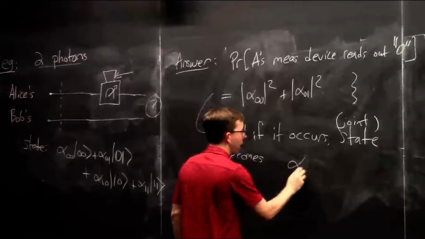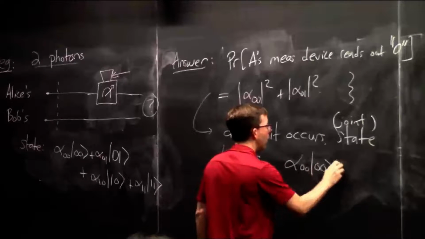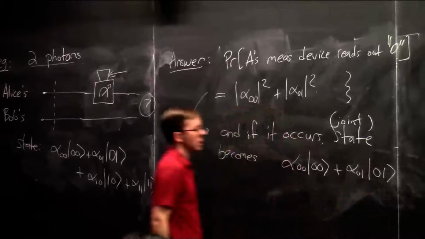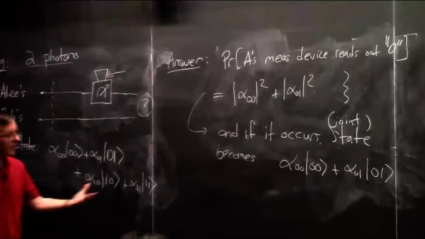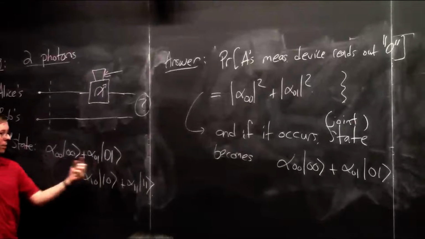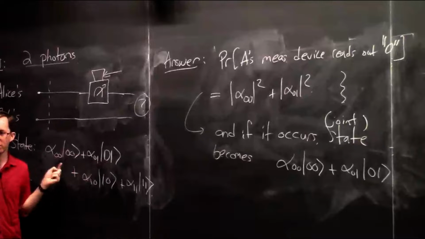It becomes alpha 0,0 |00> plus alpha 0,1 |01>. And what I did here was, again, I just selected the piece of this joint state that was consistent with the measurement outcome, that is, that had a 0 in the first position.